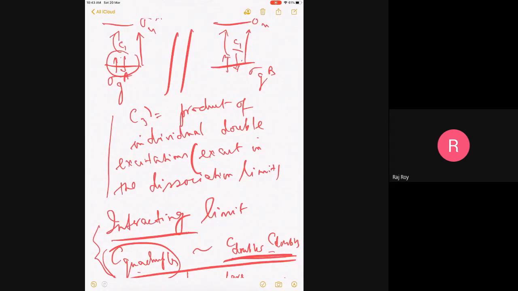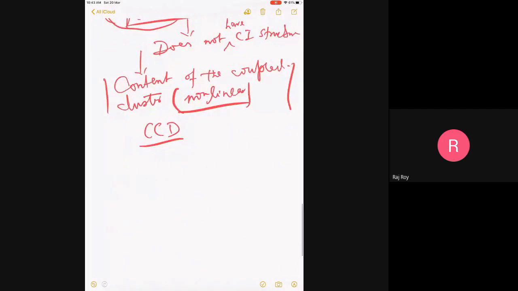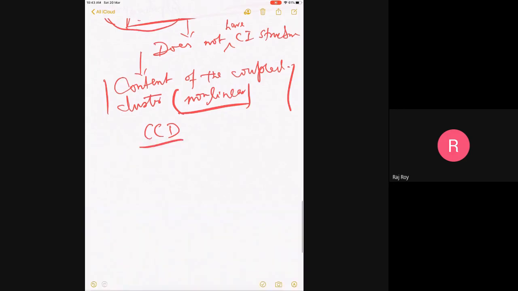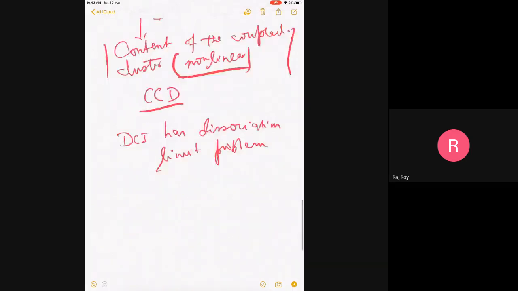You saw that DCI had a dissociation problem, and only I had to do full CI. But coupled cluster doubles, even though it's an approximation, within this approximation will at least have size consistency. So in summary, DCI has a dissociation limit problem. And of course, full CI is exact, so there is no problem.